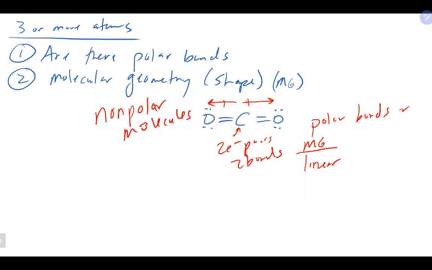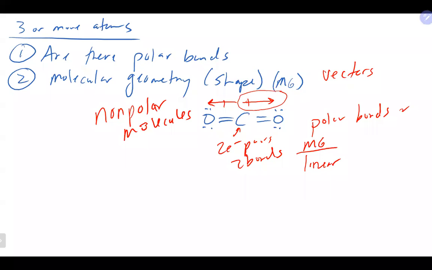And that is because these bond dipole arrows are what they call vectors, I think, in physics, right? They have direction, they have magnitude. In certain cases they cancel each other out, and in other cases they actually add to each other. Cases where they cancel each other out is like when they're going equal and opposite of each other, like in this case, like pulling on a rope.